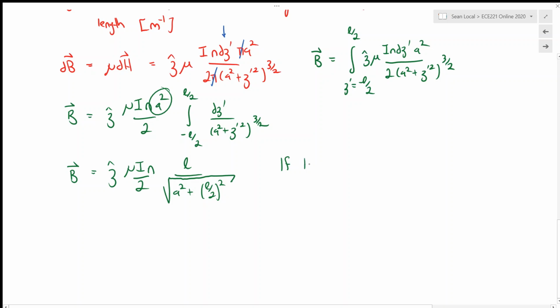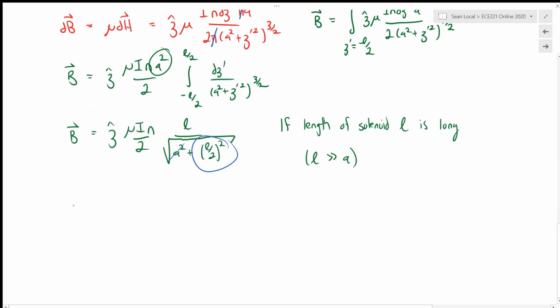If the length of the solenoid, which is L, is long, and by long we mean that L is much, much larger than the radius of the solenoid, well, then if we focus our attention on the denominator, this (L over 2) squared term is going to dominate compared to the a squared term. So it's almost as if we can just cross this out if L is very, very large. And then we're taking the square root of (L over 2) squared, so we're just left with L over 2.